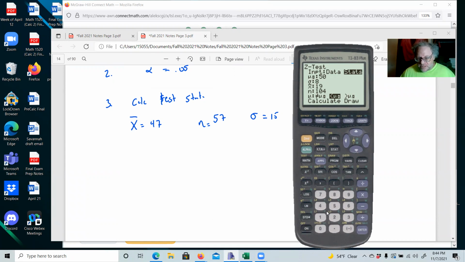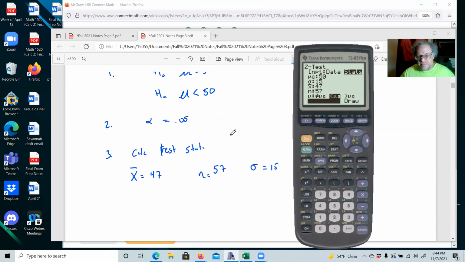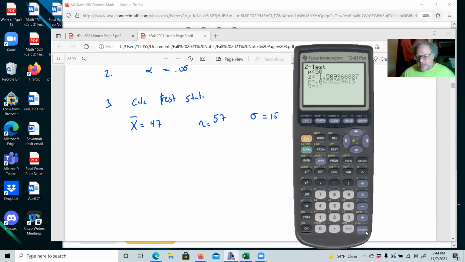Our standard deviation is 15. X bar was 46. N is 57. And again, they want to know, is it less than? Do we have something to worry about? Are our students performing to the national average or not? Then we enter our spots.